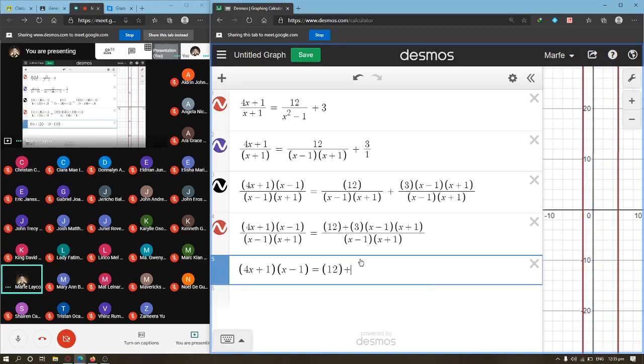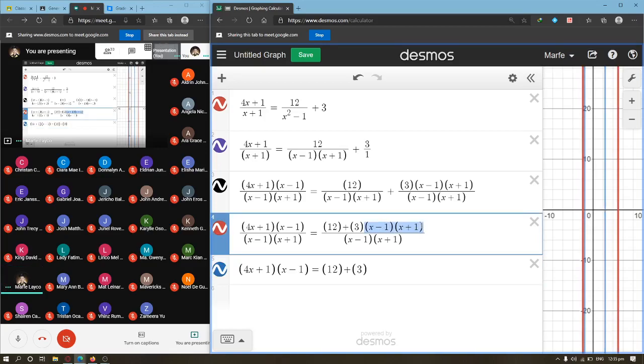Tapos, ano yung ina-add natin? 3. And then, ano pa? Multiply by x minus 1 and x plus 1. Okay?